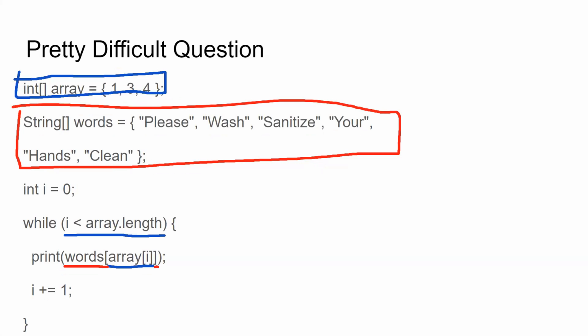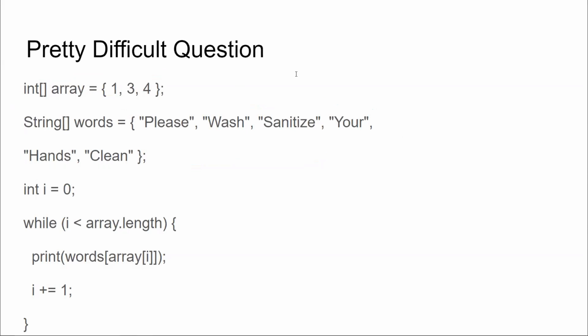Let's go through the code. We already kind of went through it before, but the answer was just wash your hands. I don't care what format you did, like if you put it like this, or just like this.